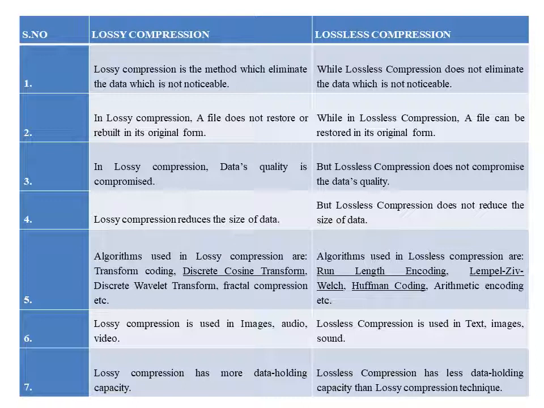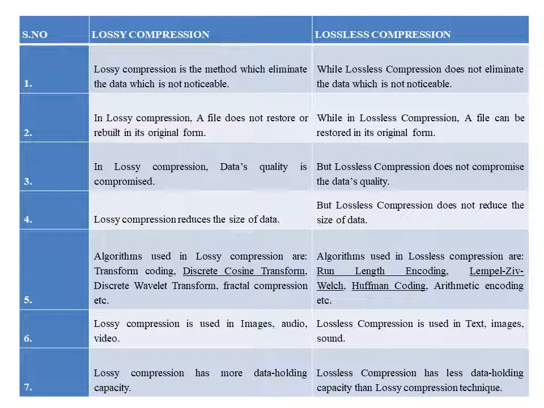Lossy compression, due to its nature, achieves a reduction in size of the data, whereas lossless compression does not reduce the size of the data. The algorithms in lossy compression are transform coding, DCT, that is discrete cosine transform, discrete Fourier transform, and fractal compression. And lossless compression has algorithms like run length encoding, LZW, and Huffman coding. Also, it has arithmetic coding.